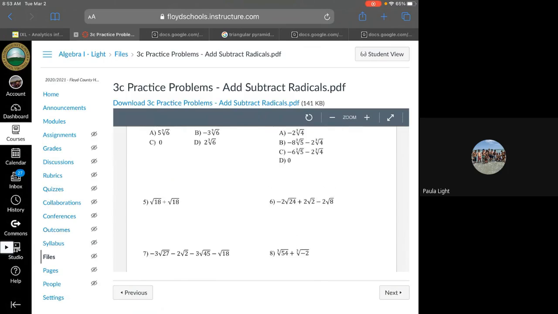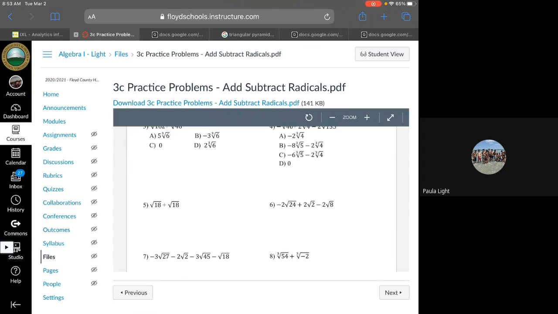Okay, well, we'll just go over number 9. Number 9 is the cubic root of 3 minus 4 cubic roots of 6. And that's where they had to stop. They couldn't put those together because there's a 3 and a 6 here. So that's it. You can't combine those at the end.